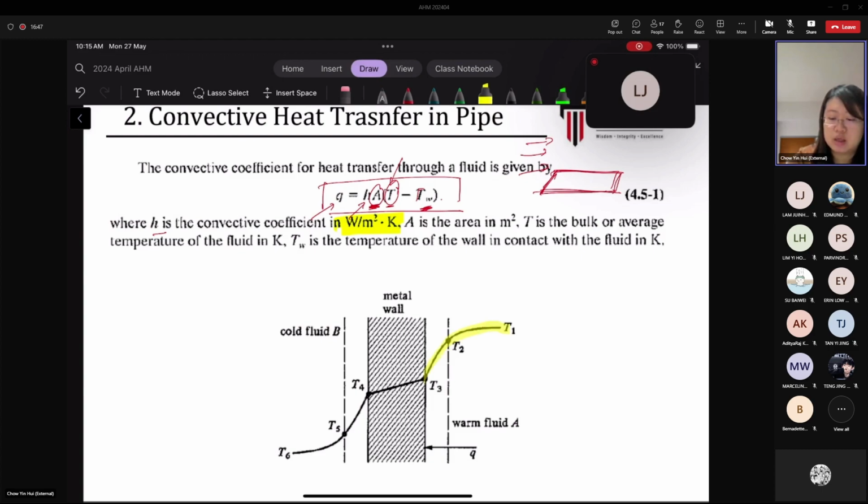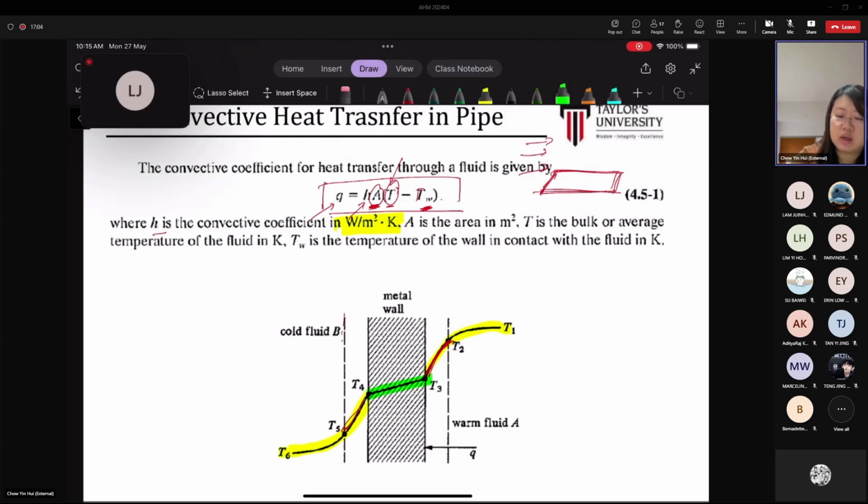When we talk about the convective heat transfer coefficient, if you recall, this is how its temperature profile looks. It will be a curve, as compared to conduction, which is a linear profile. Now why do we have a temperature drop at this section here? You can see there's a film that is being indicated here.